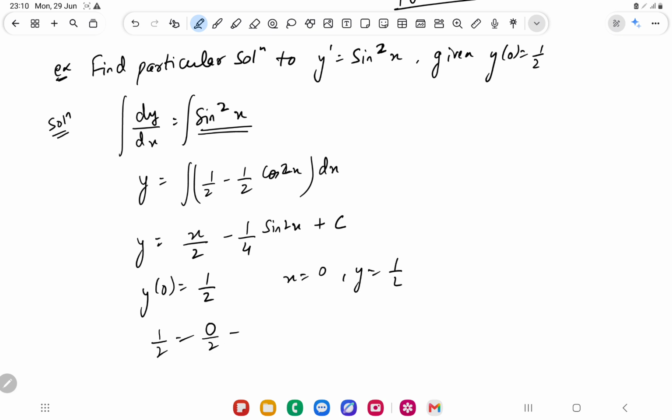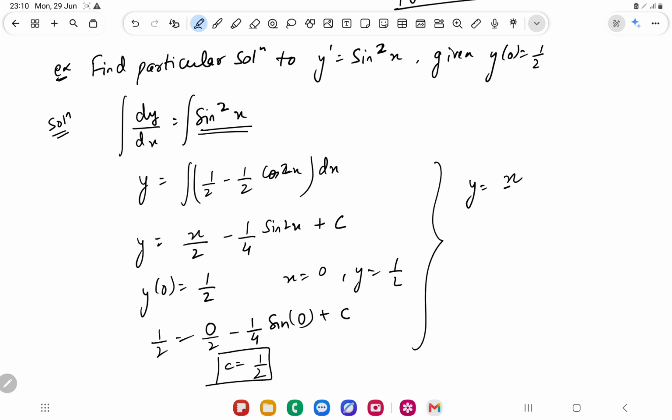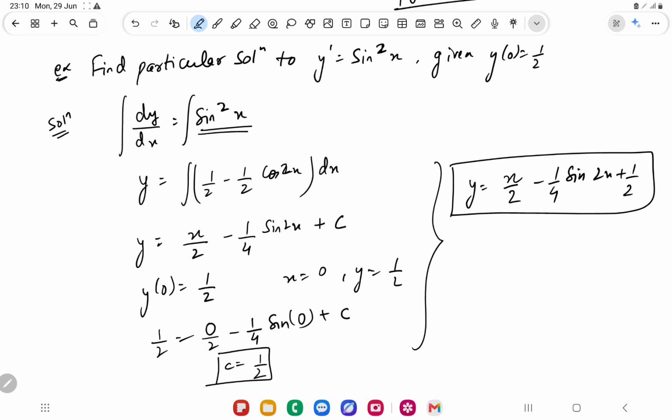It will be 0 by 2 minus 1 by 4 sine 0 plus c. Sine 0 is 0, so my c value becomes half. So I can say that its solution is y is equals to x by 2 minus 1 by 4 sine 2x plus 1 by 2. So this becomes my particular solution.